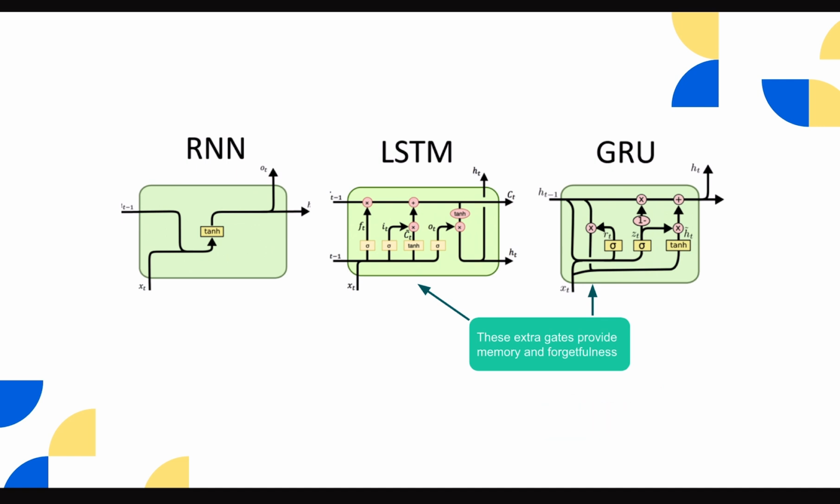The input gate determines what new information to store, and the output gate controls what part of the cell state to output. This gating mechanism enables LSTM to retain important information over longer sequences, making them particularly effective for tasks requiring long-term dependencies such as text generation, translation, speech recognition. Right? So LSTM was much more advanced than RNN and was a good model for text generation and much more.